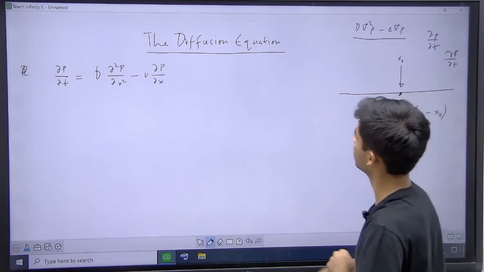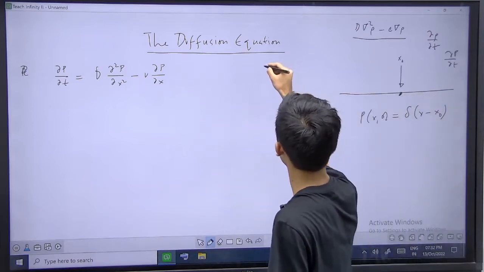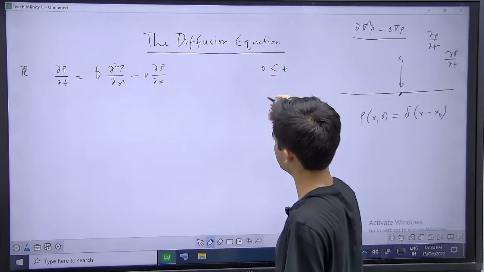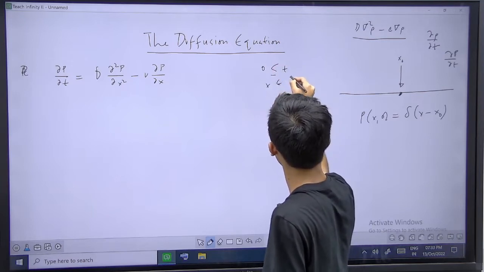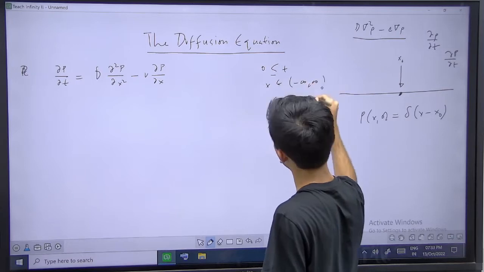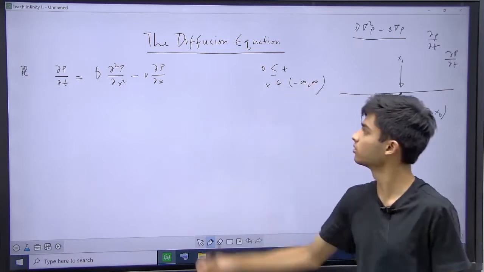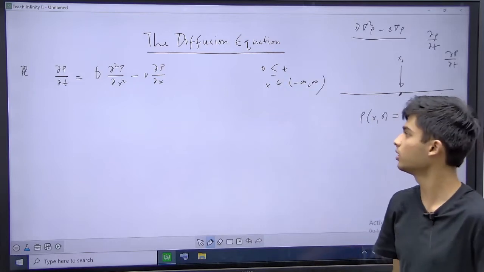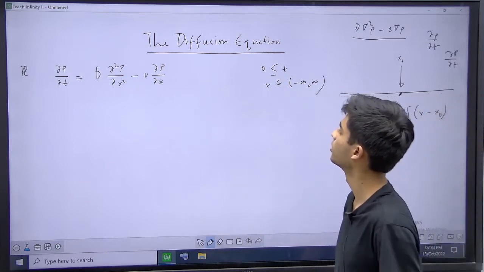Okay, so what you can notice straight up is that t is some positive number, and x is in minus infinity to infinity. So the immediate thing it suggests, looking at all these partial derivatives, is obviously a transform.